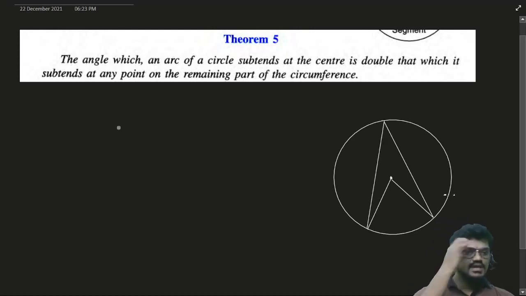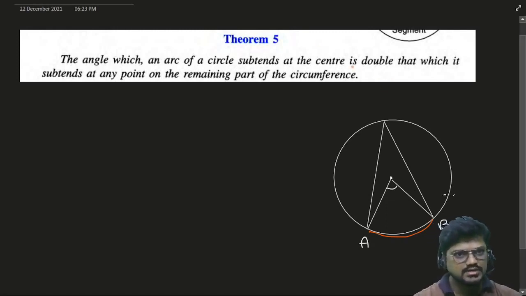What they are saying is, suppose this is that arc. The angle which an arc AB subtends at the center is double that which it subtends at any point on the remaining part of the circle.